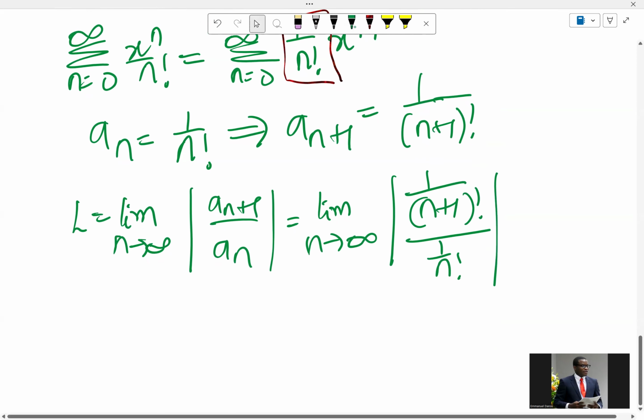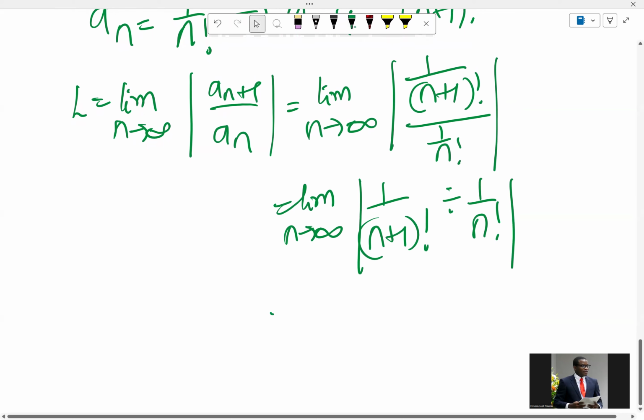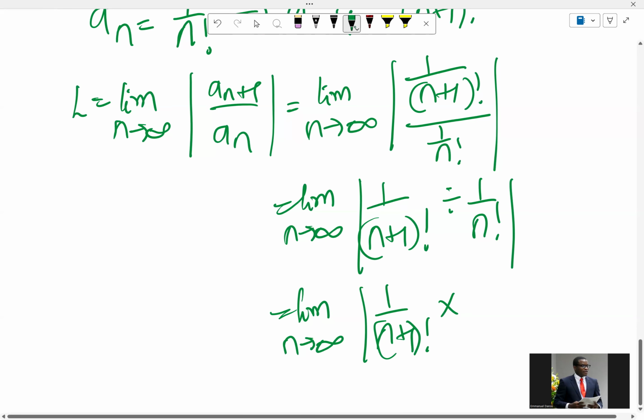So we have the limit as n approaches infinity of 1 over (n+1) factorial divided by 1 over n factorial. So this is the limit of 1 over (n+1) factorial times n factorial all over 1.